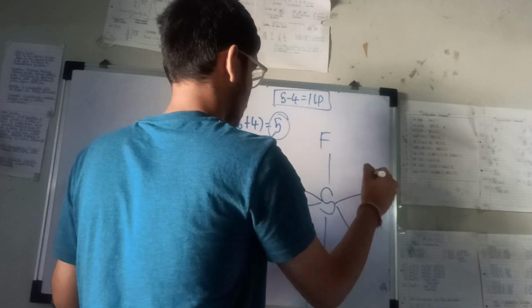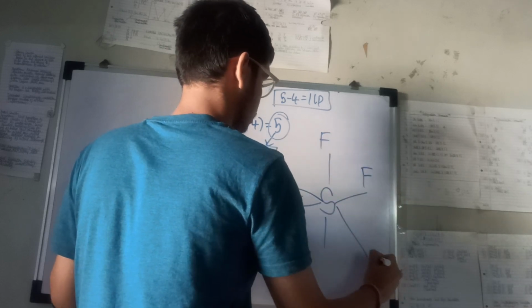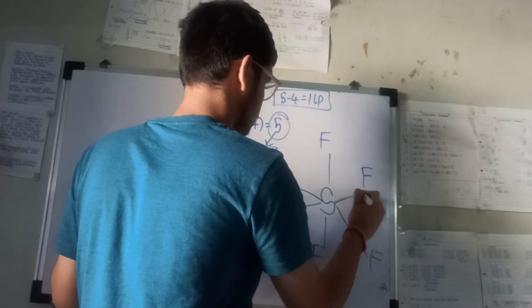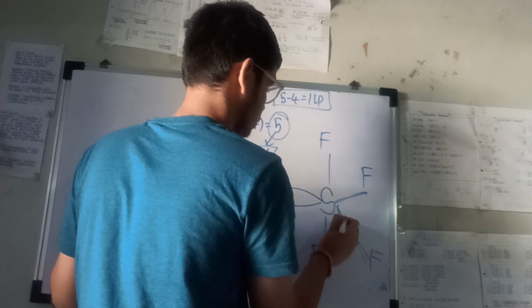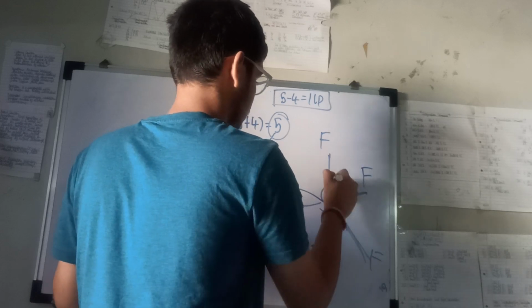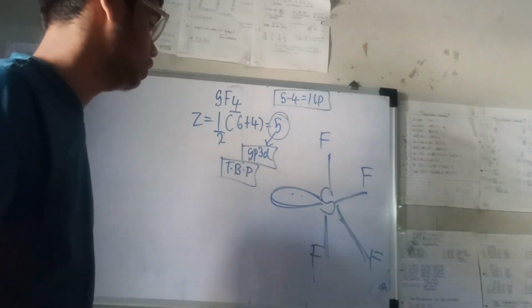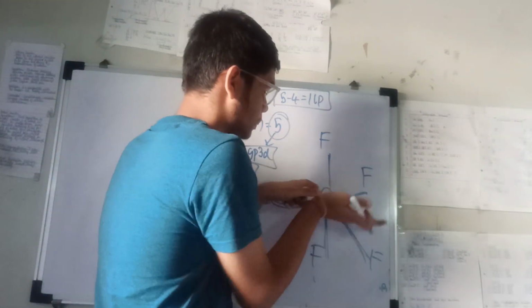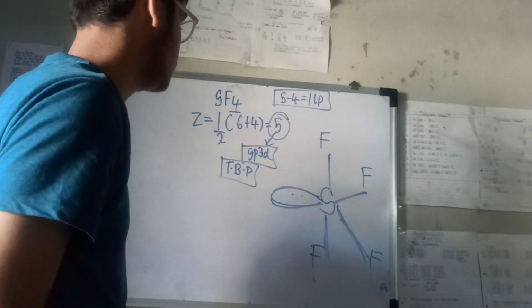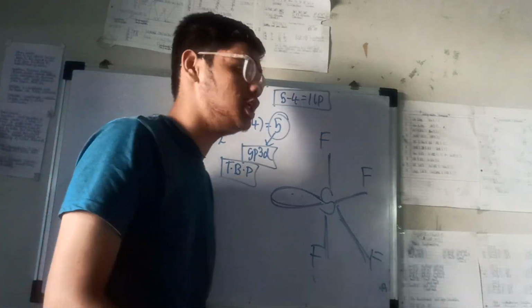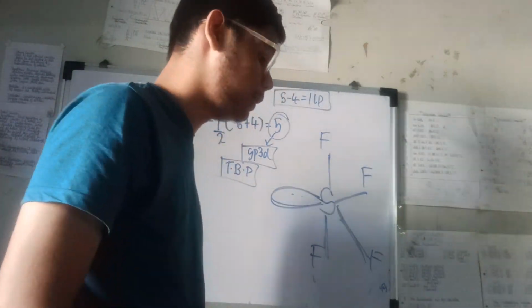You can see the structure is coming seesaw shape. Got it. It's coming like a seesaw. So shape is seesaw but geometry is TBP, trigonal bipyramidal.